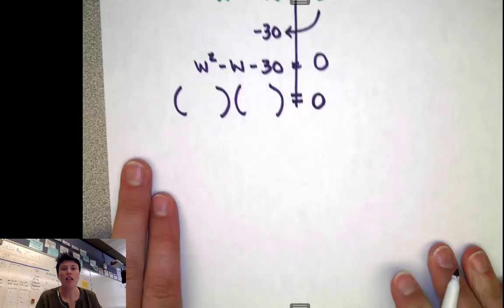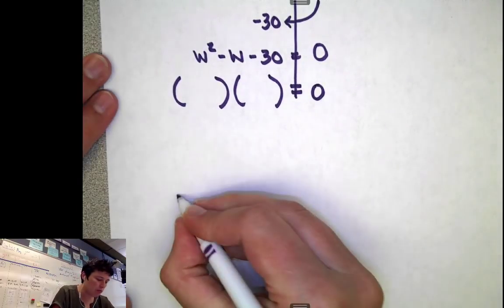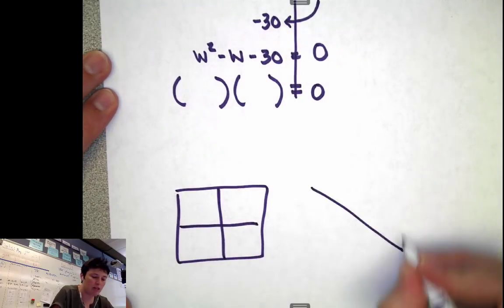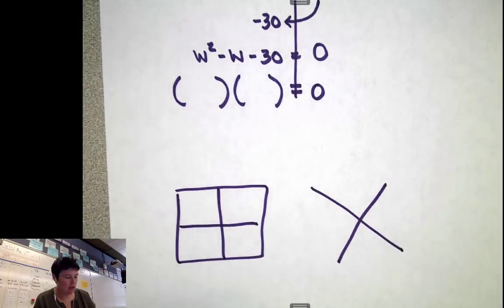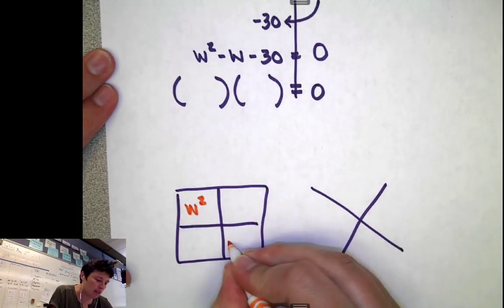Now it's possible. So I'm going to go down below, and I'm going to do the rectangle process again. And I would encourage you to see if you can beat me in this video. You should be getting really quick at these, so you might try to race me to the finish line here with factoring, because you want to be quick at these. So I'm going to fill in my corners, W squared and a minus 30.